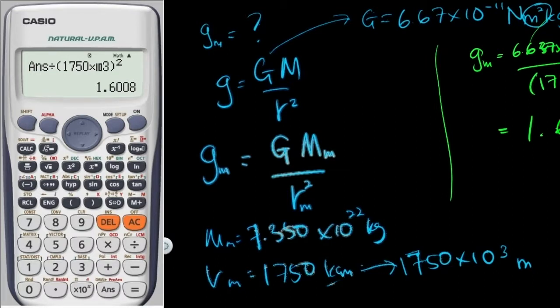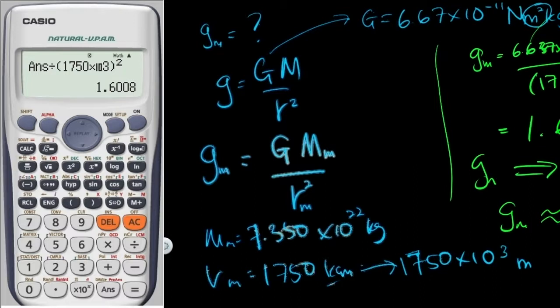So we can compare this number, G moon, with G earth, and then we will get G moon is approximately 1/6 G earth, or G earth is approximately equal to 6 times the gravitational acceleration on the surface of the moon.